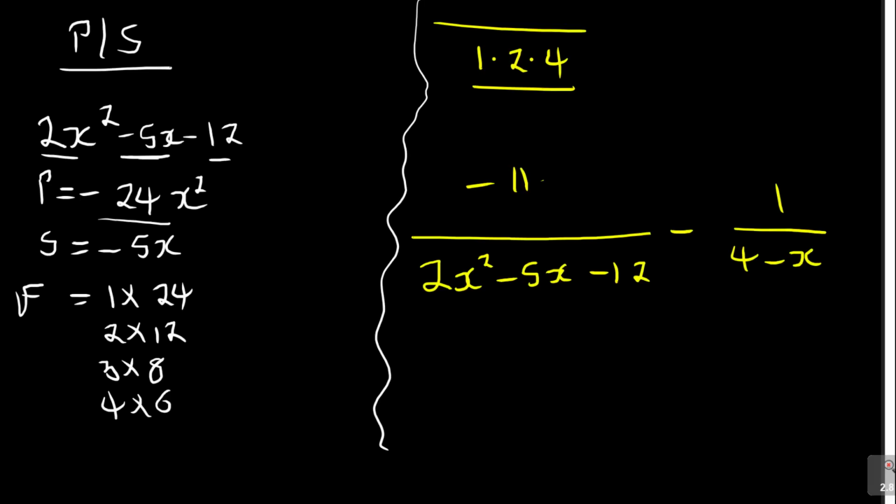But remember, when I add, I need this factor pair to give me a negative 5. So my factors are here. I don't have to think much. Guys, as I said, you need to have worked this out.